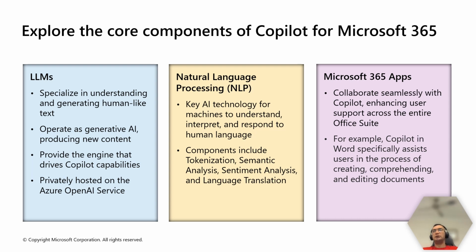And last but not least, we have Microsoft 365 apps, the familiar ones that you can collaborate seamlessly with Copilot there and enhance the user support across the entire Office suite. So for instance, Copilot in Word specifically assists users with processing, creating, comprehending, and editing documents. You should know which Copilot to use in which software, and it's already there to help you.